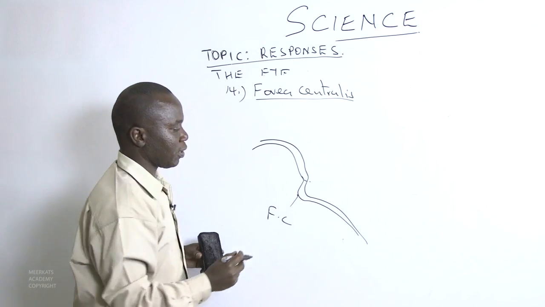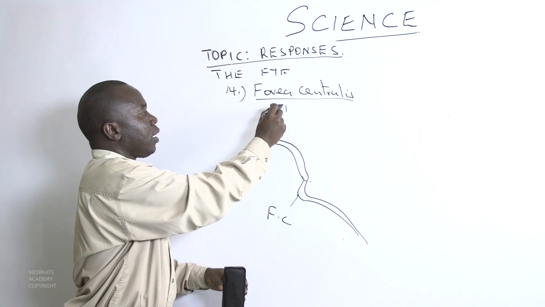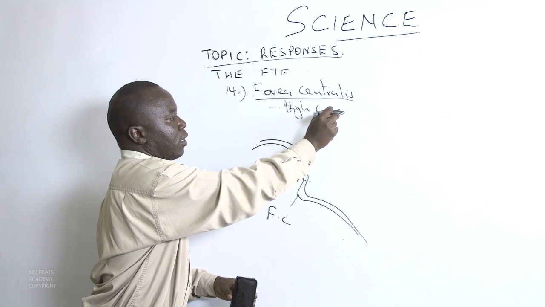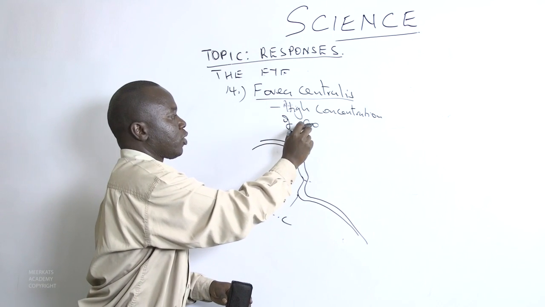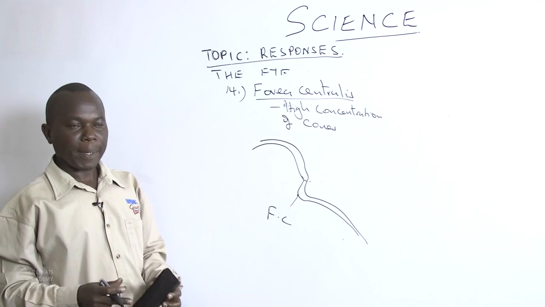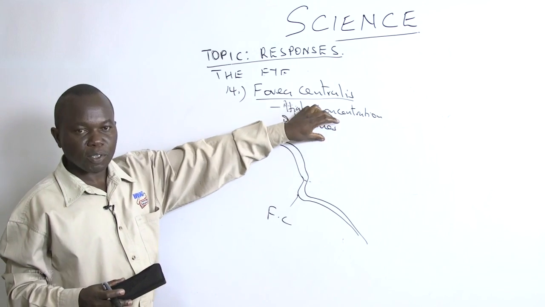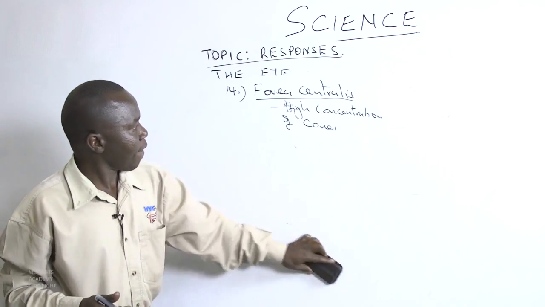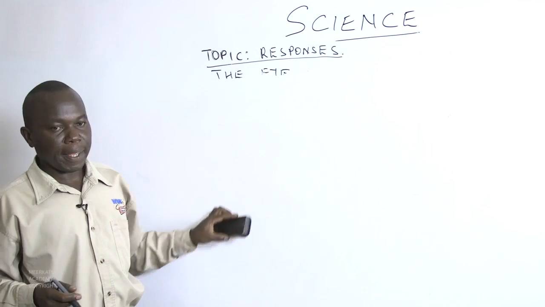It is a point on the retina where there is a high concentration of cones. So any image falling at that point is going to be perceived because of the cones, which are meant for perception of light.